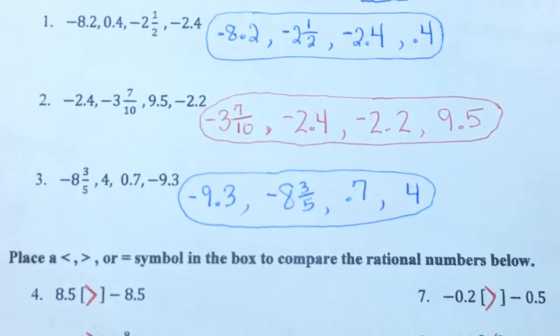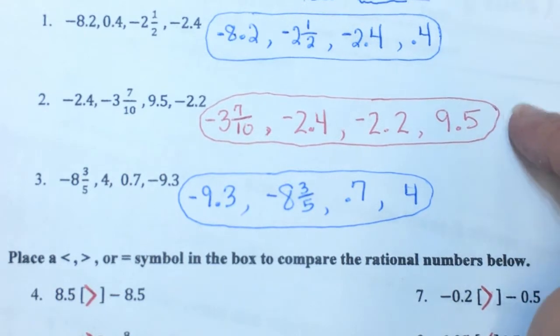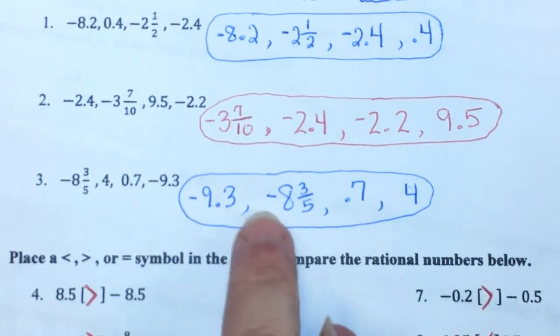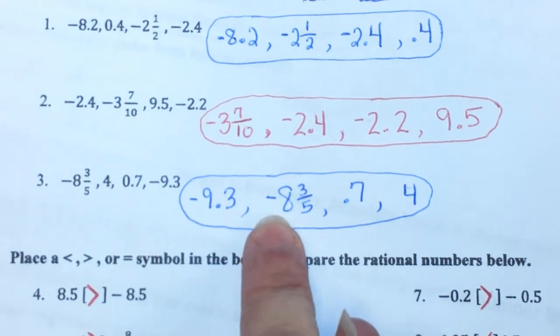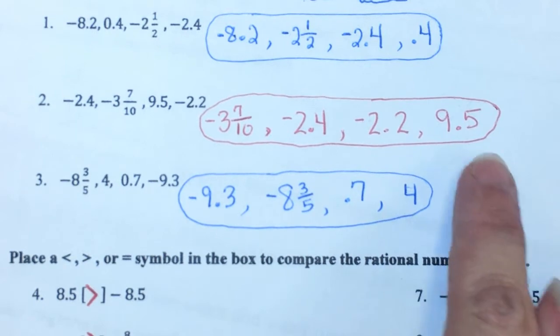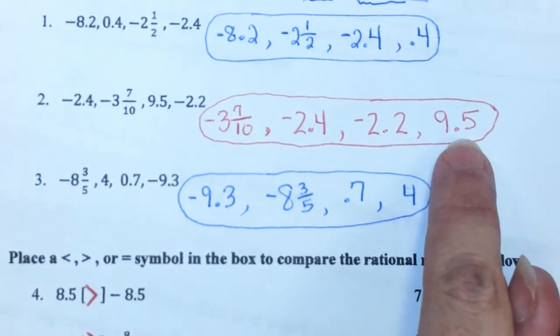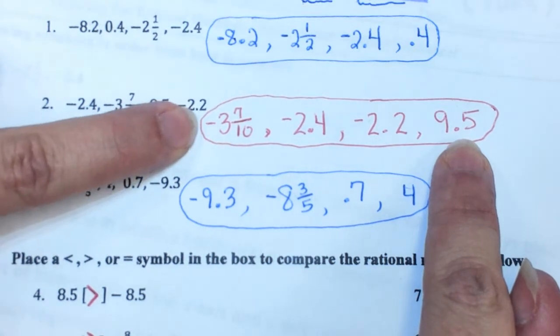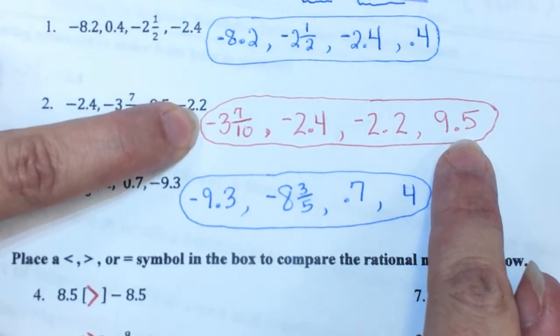So let's start with this. Such as with 1, 2, and 3. I'm really hoping that you can get, obviously, the negatives are smaller than the positives. And then things like, you know that 9.5 is the biggest, and something like -3 7/10 is the smallest.